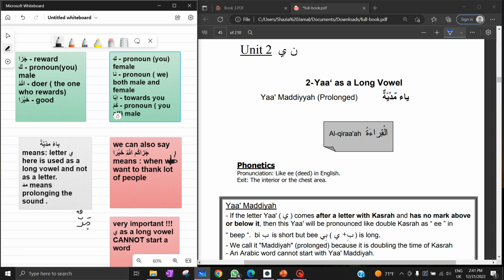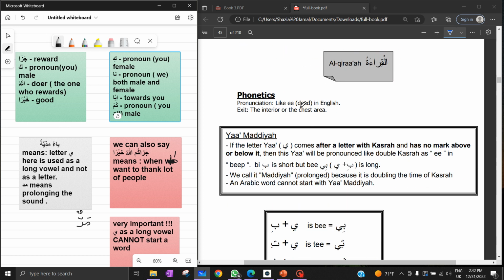So from mad comes maddiya, prolonged. So let's see how we pronounce it. It is the same as when we say double E. Indeed, we are stretching the sound of E.